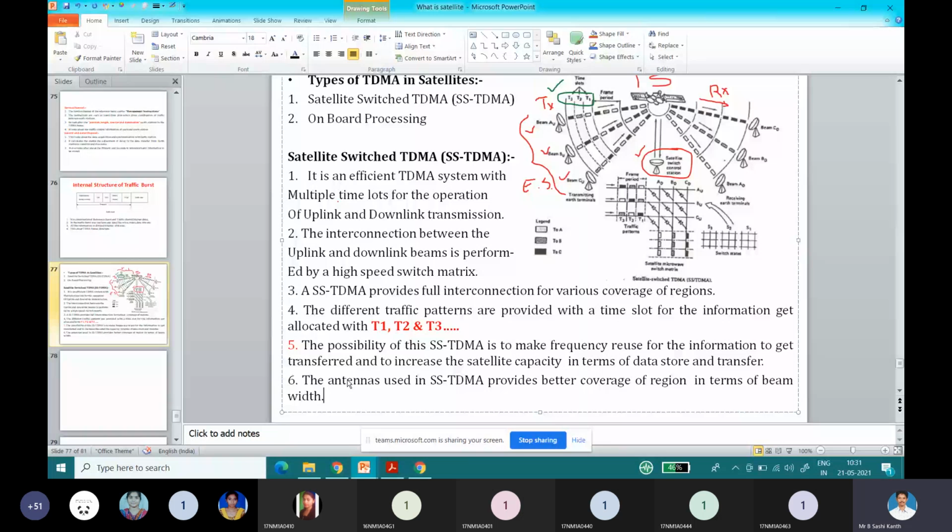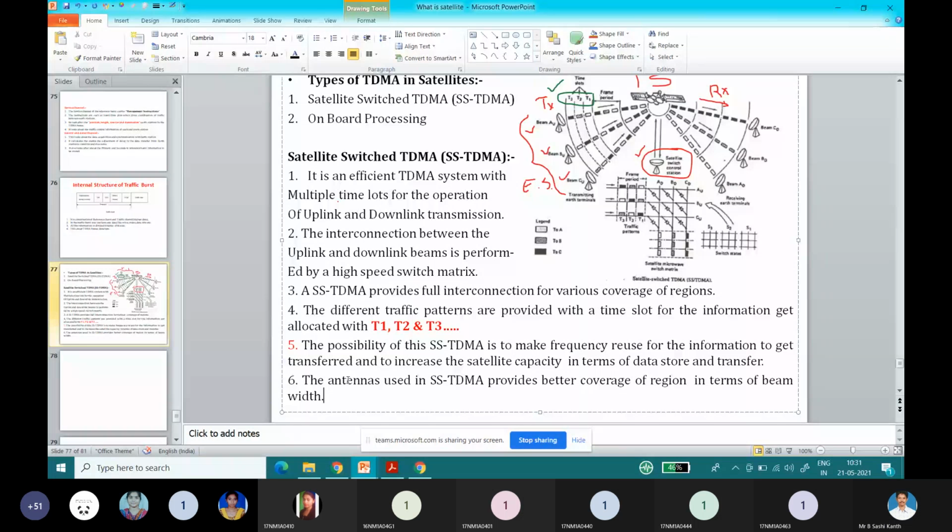The possibility of SS TDMA is to make use of frequency reuse for the information transfer and increase the satellite capacity in terms of data storage and transfer. Also the antennas in SS TDMA play a key role to provide better coverage of the region for better beam width. So this is what is happening in SS TDMA.